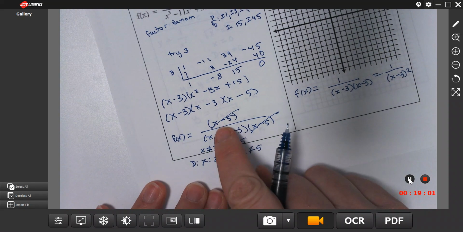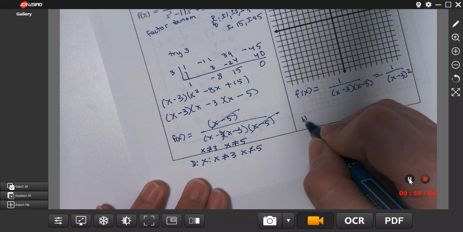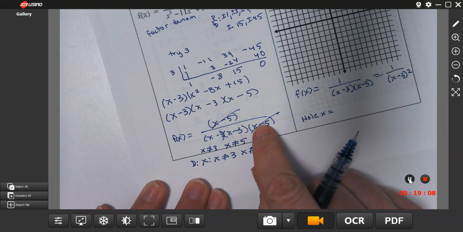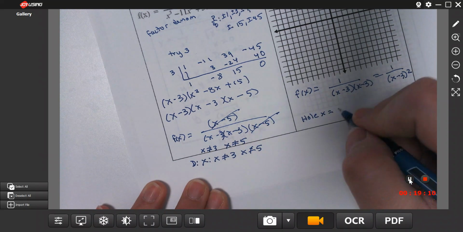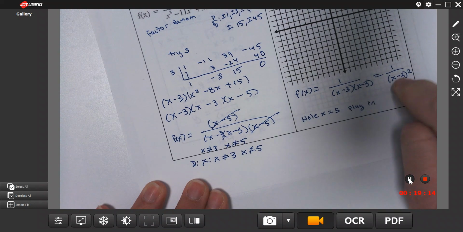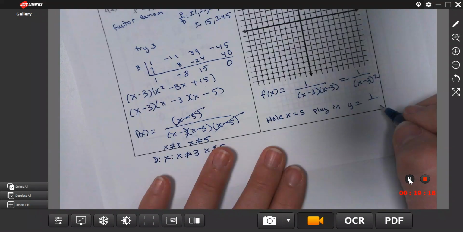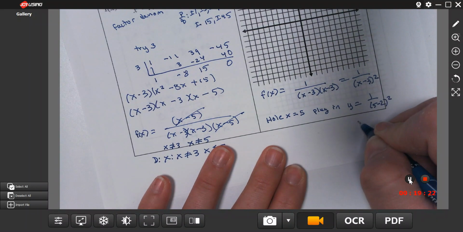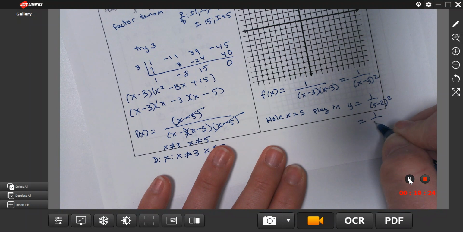All right, now I am going to have a hole, a removable discontinuity. So hole when x is 5, because that factor canceled and corresponded to that x value. So I'm going to plug 5 into my simplified version. So that would give me y equals 1 over 5 minus 2 squared, which is 1 over 3 squared.